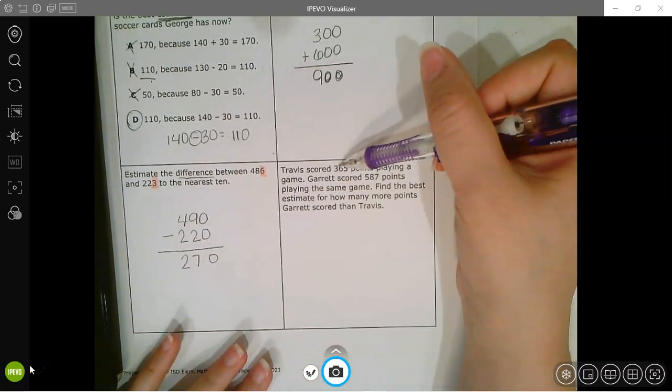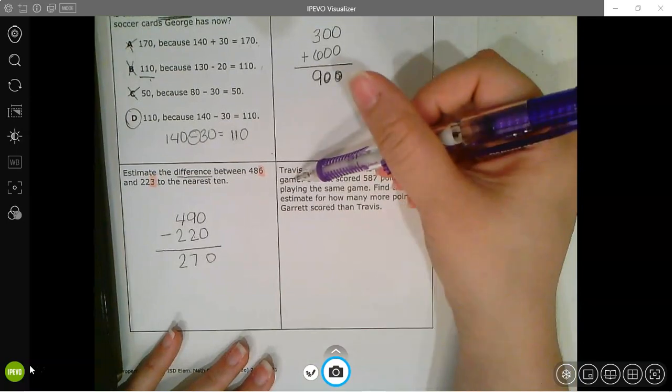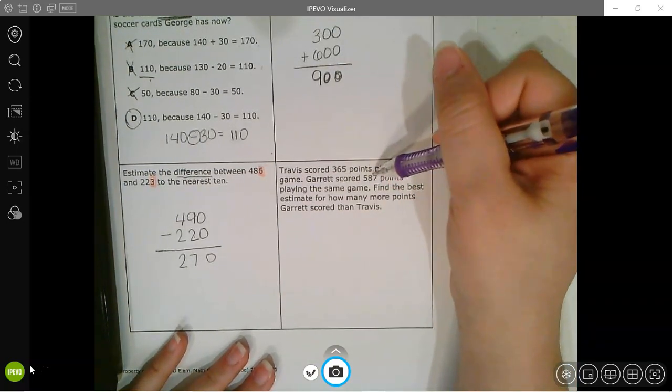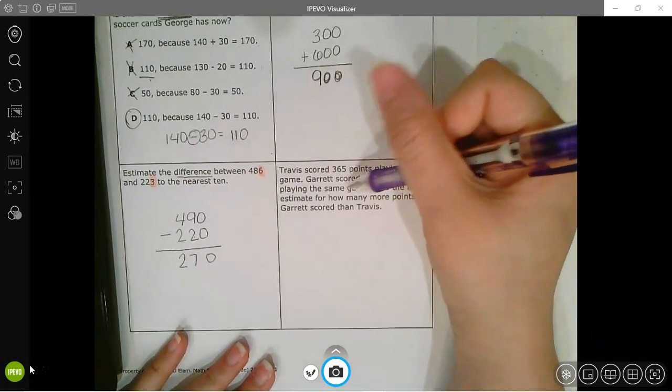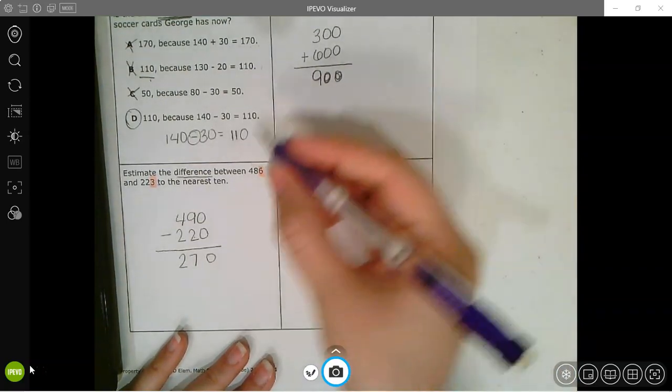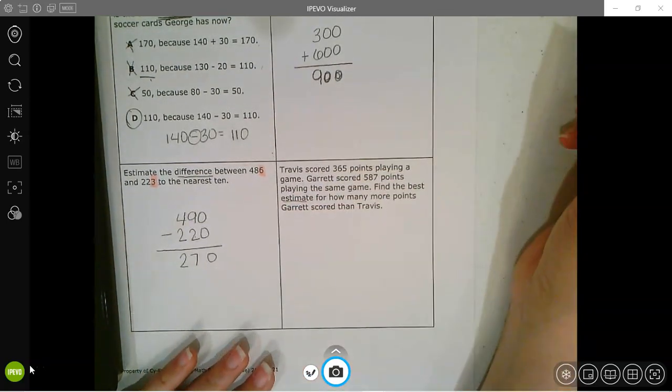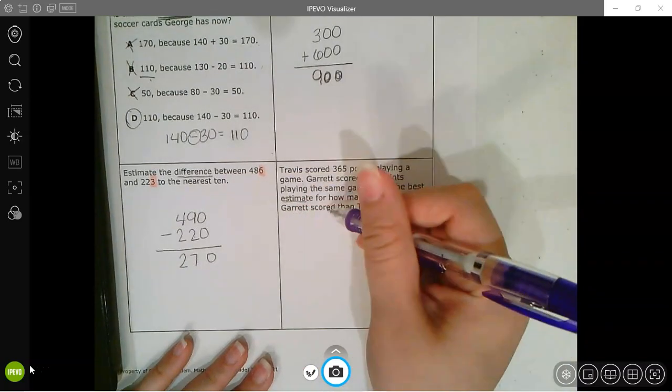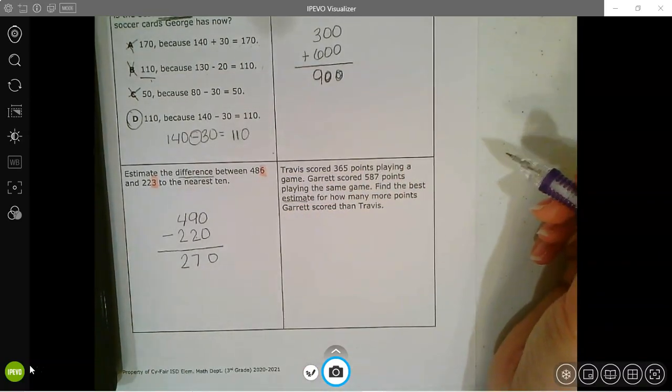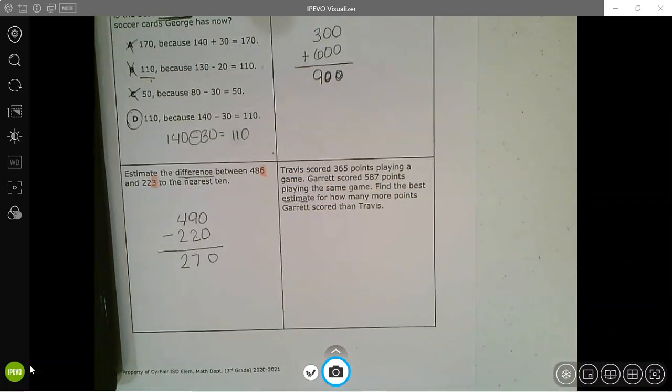Travis scored 365 points playing a game. Garrett scored 587 points playing the same game. Find the best estimate for how many more points Garrett scored than Travis. So we're estimating.